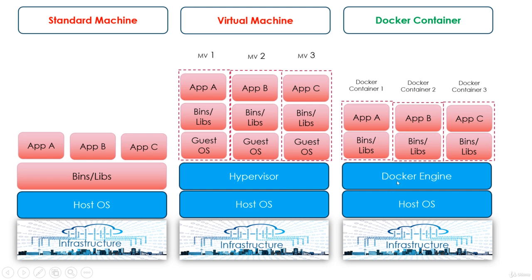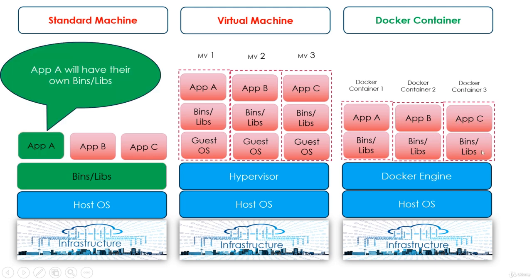This shares the kernel of the host operating system, and now we have Docker container 1, Docker container 2, and Docker container 3. App A is available with its own binaries and libraries, the same for app B, which has its own bins and libs, and app C also has its own bins and libs.